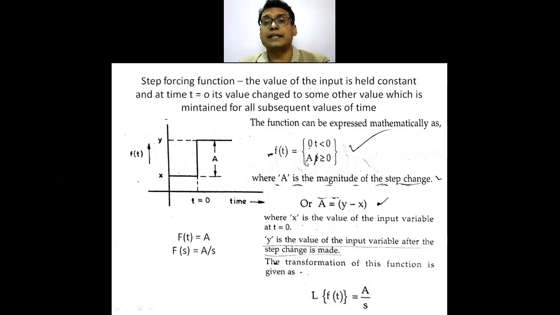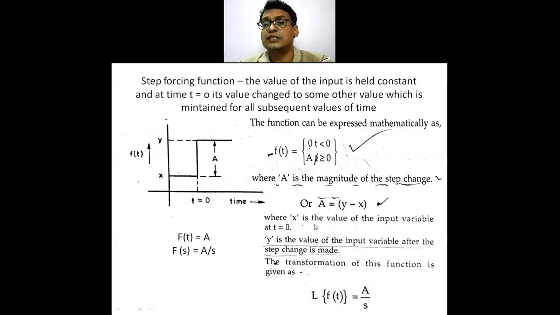Then a magnitude A is provided for this step change. That means from 95 to 98.6 degrees Fahrenheit, that magnitude is A. So 3.6 degrees Fahrenheit is nothing but your A. So this can be represented as A equal to 98.6 minus 95.